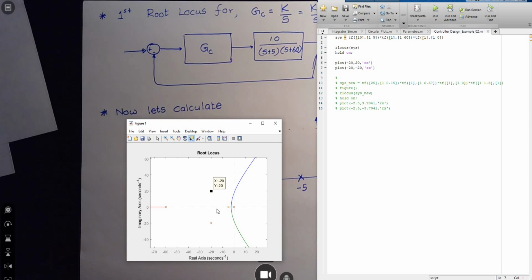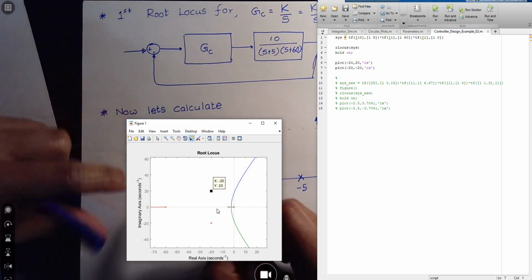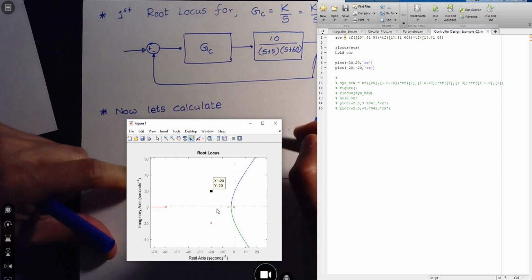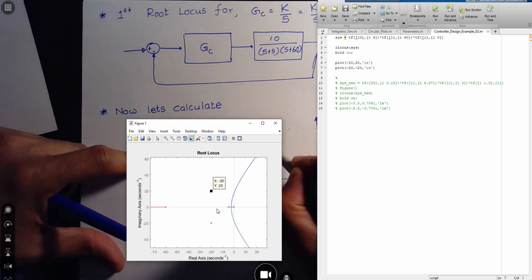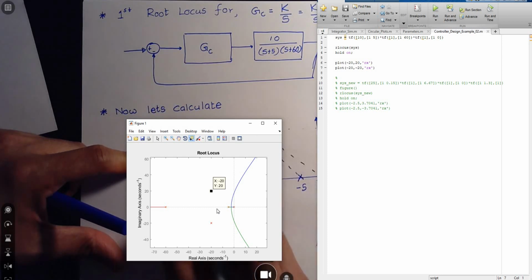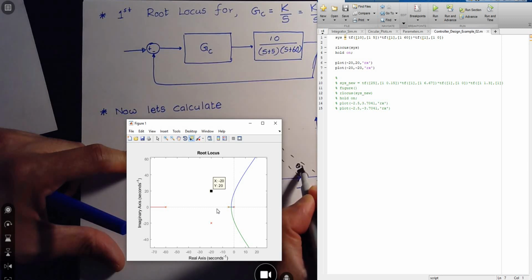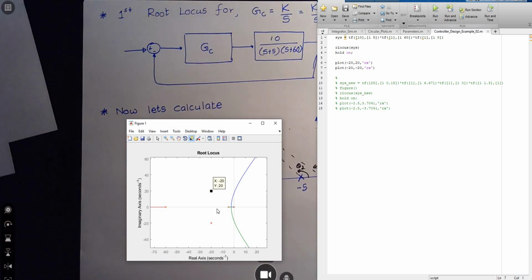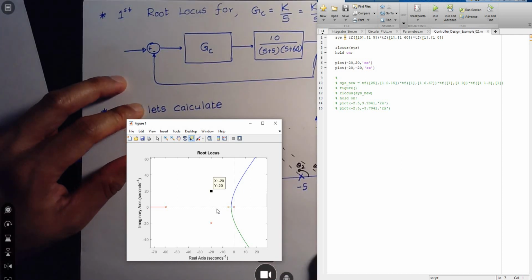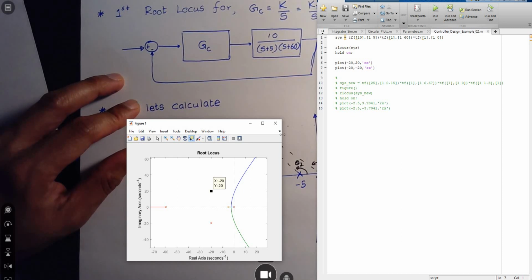We're going to choose one, and then we're going to find the total angle contribution by the poles that we have already with respect to that point. So we call this θ1, call this θ2, we call this θ3. If we can find these angles, then we can calculate the total angle contribution.